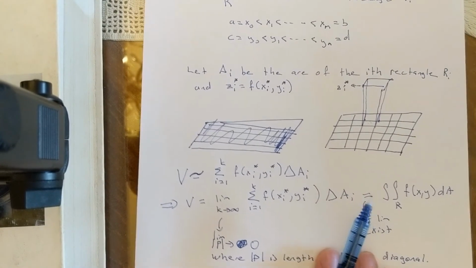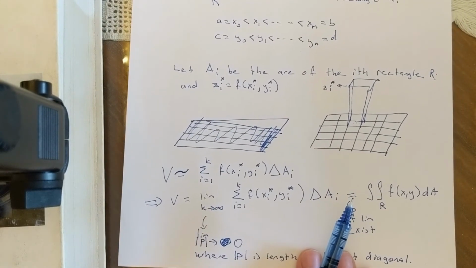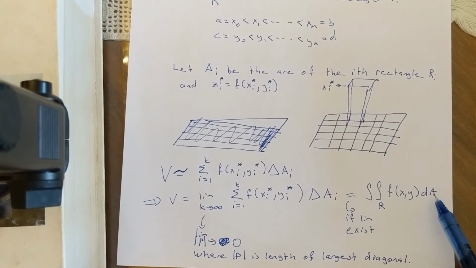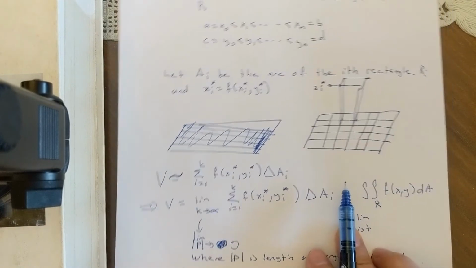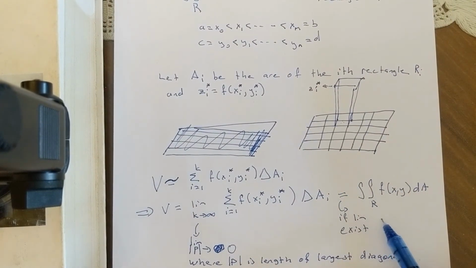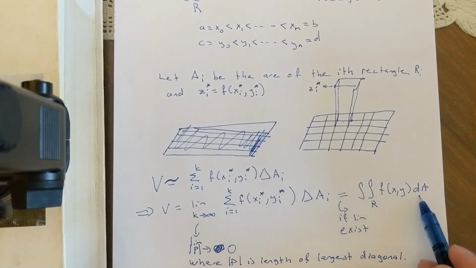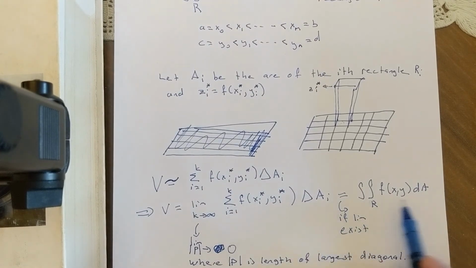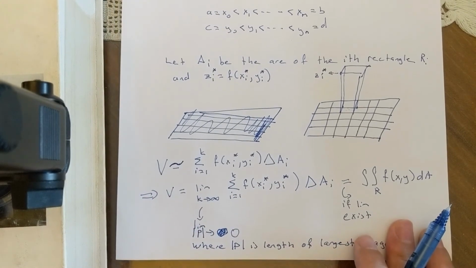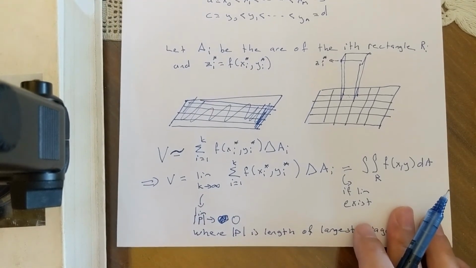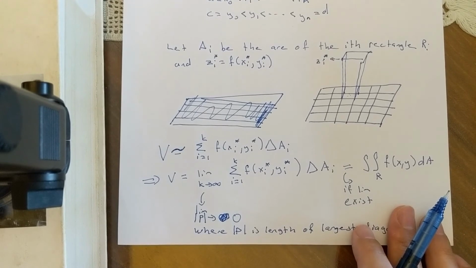So if the limit exists, we're going to call this the integral of the function over the region R. Here, this dA corresponds to this delta A, so this is the infinitesimal area. I would expect it to give me the volume if, of course, the limit exists.